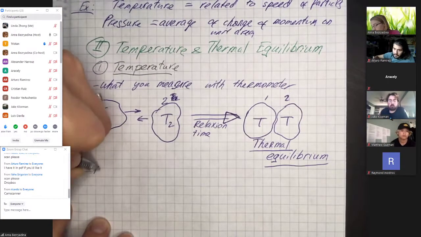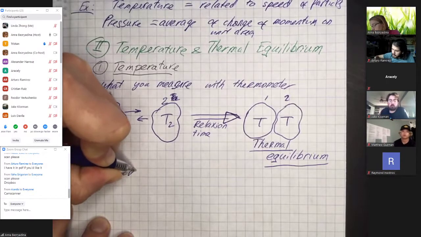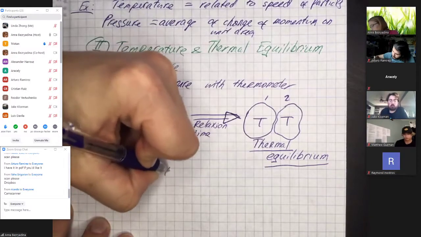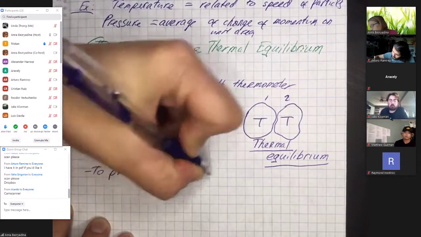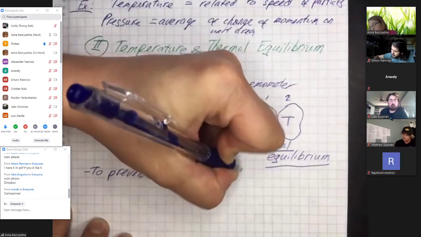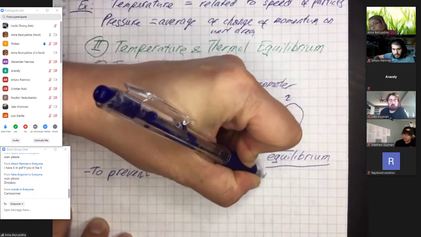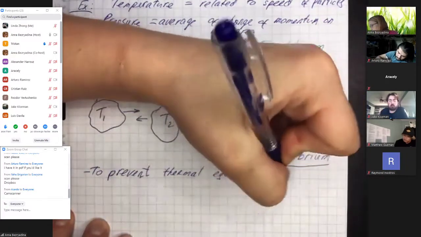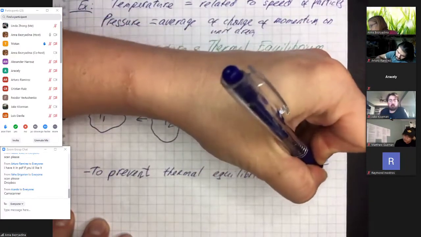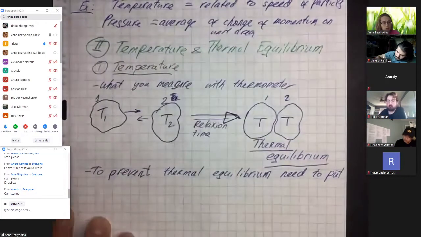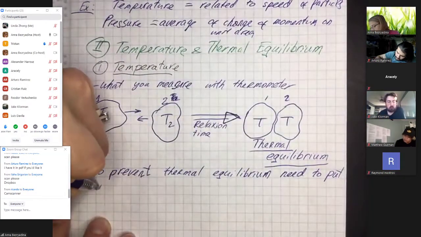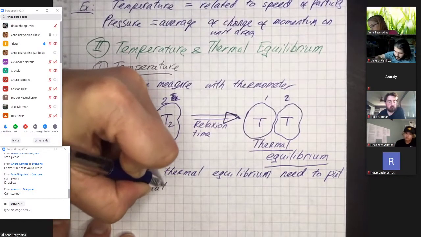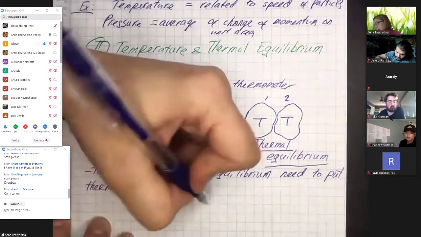To prevent thermal equilibrium, we need to put a thermal insulator, for example, fiberglass.